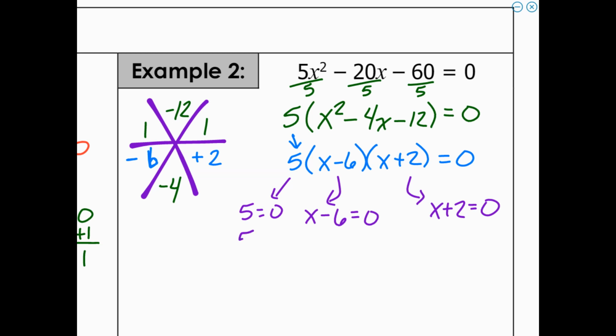Had we factored out a 5x, then we would have something to solve for. But because it was just 5, we just need to do the ones that have an x in them. Does that make sense? So add 6 to both sides, subtract 2. So x equals negative 2 and x equals 6.